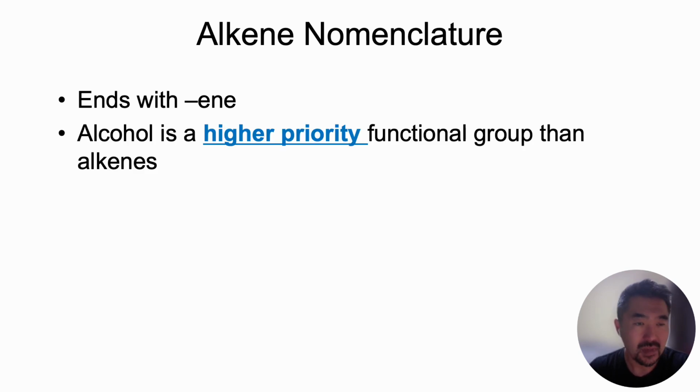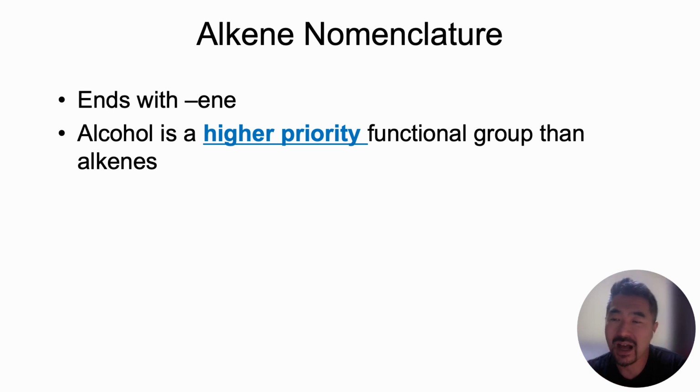The main thing is that I want you to know the alkene names end with "ene". Alkane ends with "ane", A-N-E, but you just replace that with E-N-E, and that's pretty much it. That's the new thing. Now, of course, the other thing is you do have to indicate where the alkene or the double bond is with a number, and we'll look at an example of that.